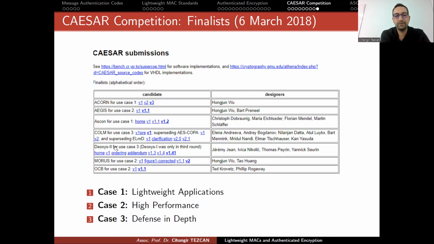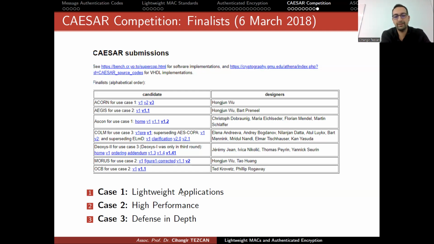These are the algorithms that won the competition, so they are included in the final portfolio. As you can see, there are some use cases. Use case 1 is lightweight applications, so these are good in lightweight scenarios. Use case 2 is high performance, probably focusing on throughput and so on. Use case 3 is defense in depth, probably with good security proofs.